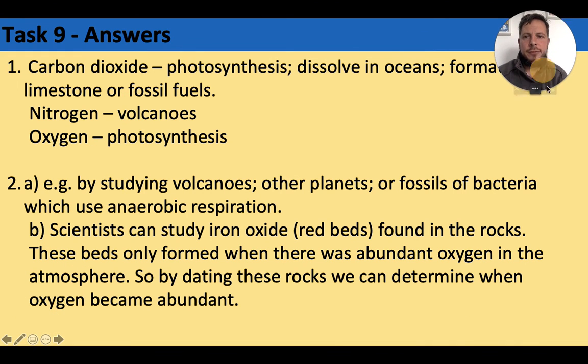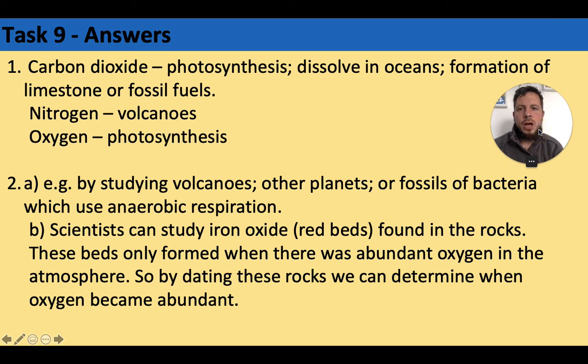Okay, so let's go through some answers. Decreasing carbon dioxide could have been due to photosynthesis, dissolving in the oceans, formation of limestones or fossil fuels. Increase in nitrogen is due to volcanic activity or volcanoes. Increase in oxygen is due to photosynthesis.